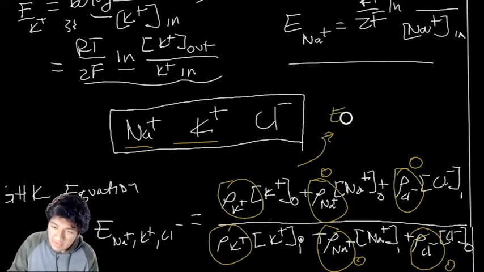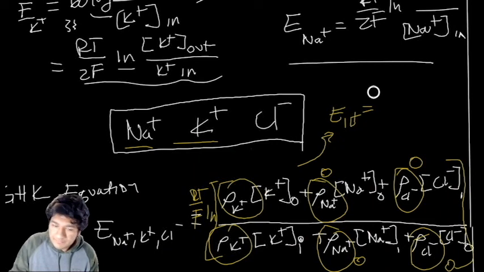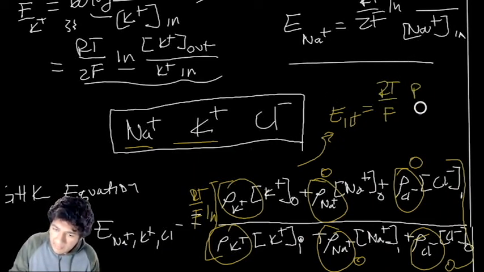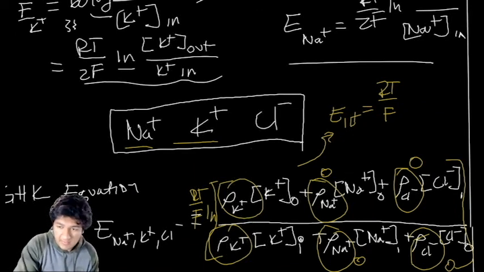So E of K+ is equal to, I forgot to put the constants in front, RT over F ln, and the permeability cancels out in this case, so we don't even need it there.